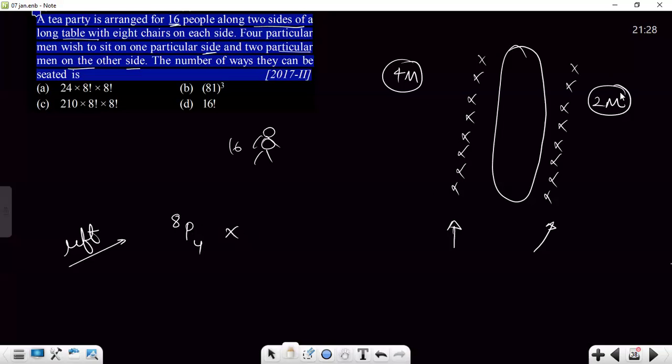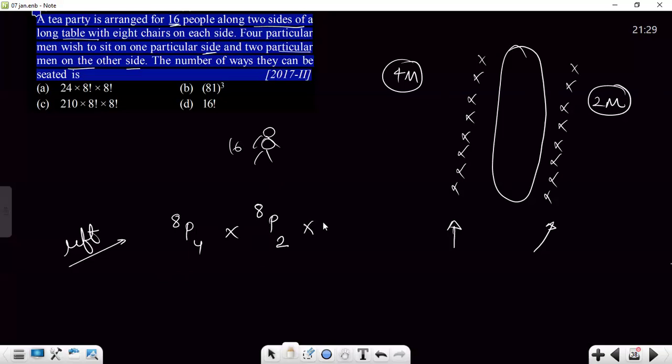What about the other persons? 2 persons are sent to the other side. Out of 8 chairs, they need to select 2 chairs, and they can arrange themselves on those 2 chairs. So we have now talked about 6 persons. We had a total of 16 persons.